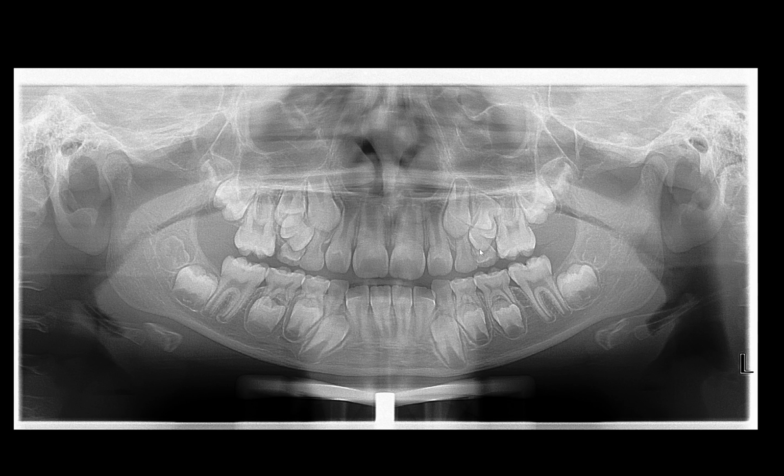However, we're only seeing one of the two primary molars on both sides. I don't know the exact dental history of the patient. Either the patient is congenitally missing the molar, which is unlikely in my opinion, or, most likely, the primary molar was prematurely extracted or exfoliated.